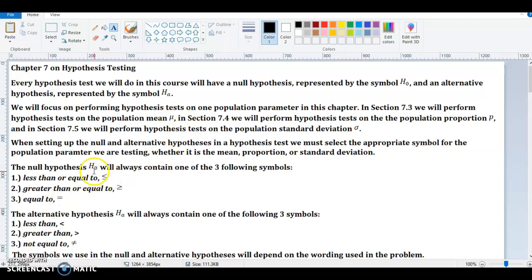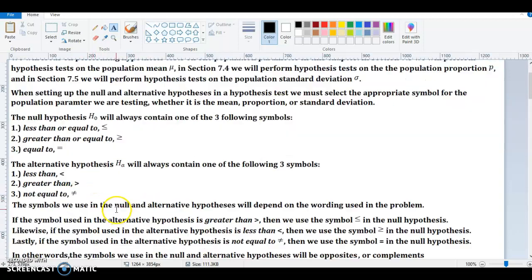The null hypothesis H0 will always contain one of the three following symbols: either a less than or equal to symbol, a greater than or equal to symbol, or an equal to symbol. The symbol we use in the null hypothesis will be determined by the symbol we use in the alternative hypothesis. So when setting up these two hypotheses, we will always choose one of these three symbols first in the alternative hypothesis, and then based on that, we will choose the correct symbol in the null hypothesis.